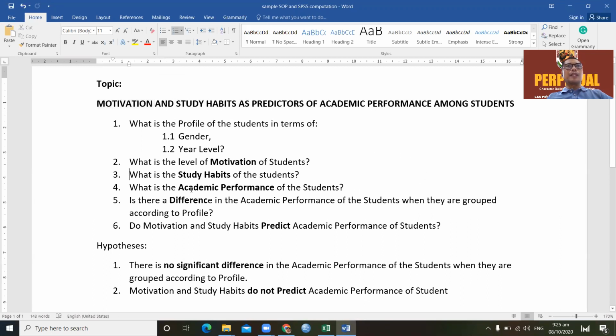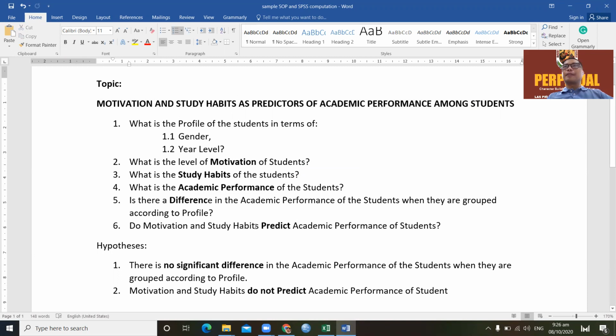Another is: what are the study habits of the students? This is also another variable in your study. And then: what is the level of academic performance of students? And this is your dependent variable.